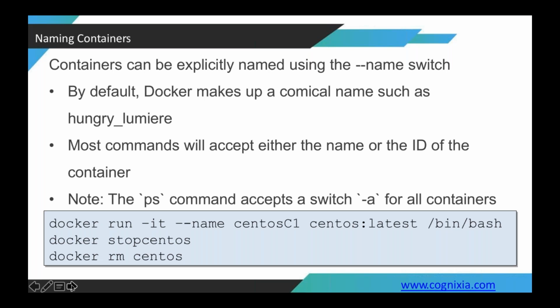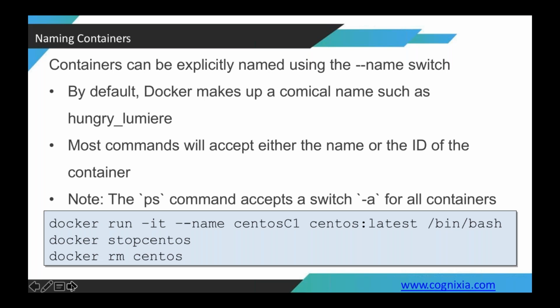How can you name your container? By passing the --name option and the name of the container, like docker run -it --name, then the name you want to give your container. In this case, it's CentOS C1, then the image name and the command that you want to run. So it is going to name the container CentOS C1.